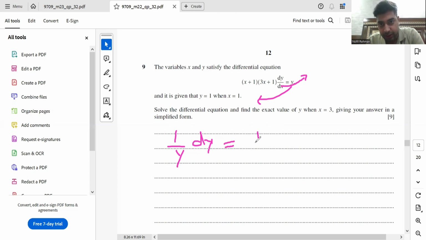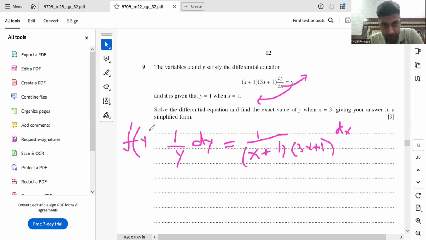Similarly, these would go in fractions: 1 over (x plus 1)(3x plus 1) dx.